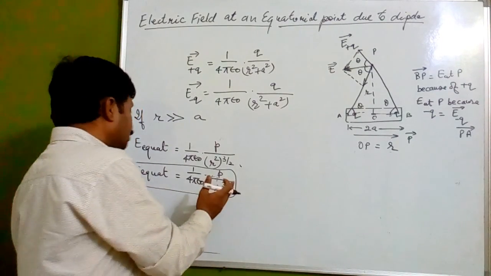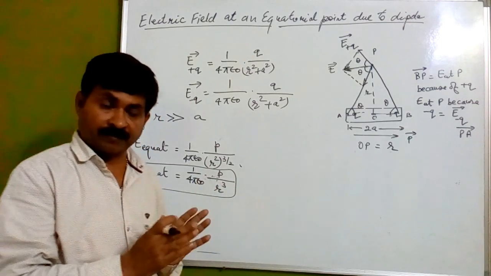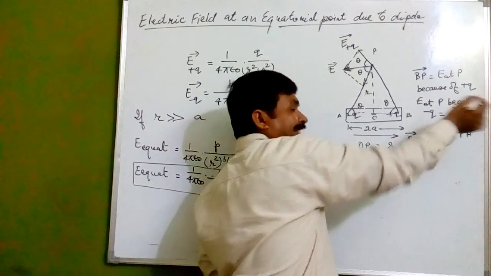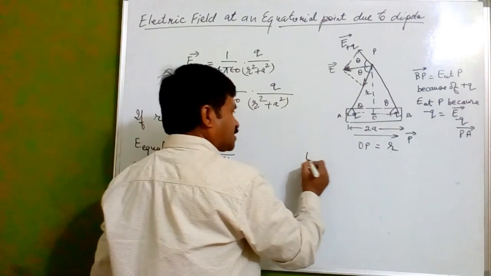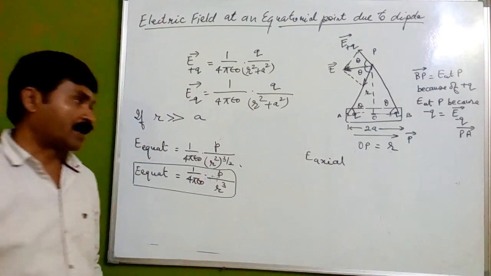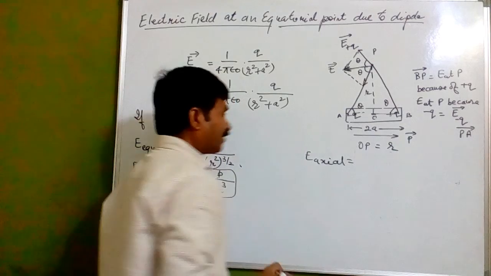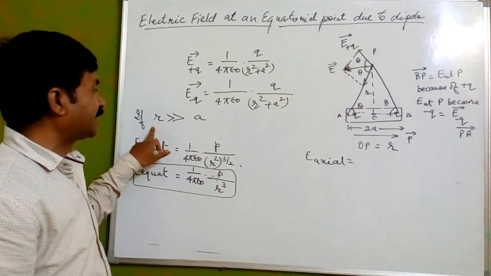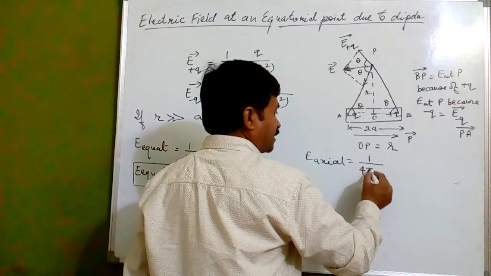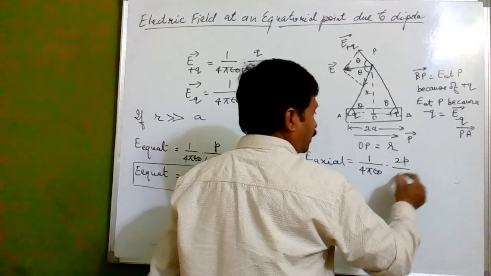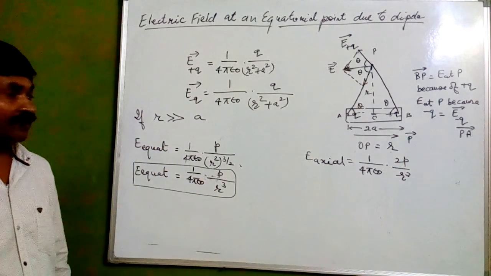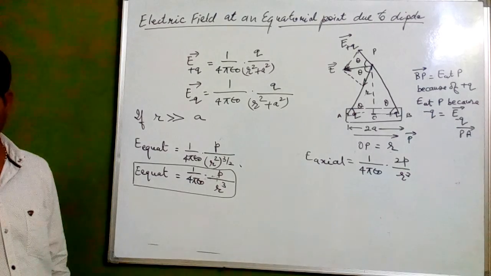Now we have gone through the electric field at the equatorial point, and we have also got it at the axis. At the axis, E axial we have already determined, assuming r is much greater than a. That expression I am going to take here: 1 upon 4 pi epsilon naught into 2p upon r cube, the electric field at the axis because of the dipole.